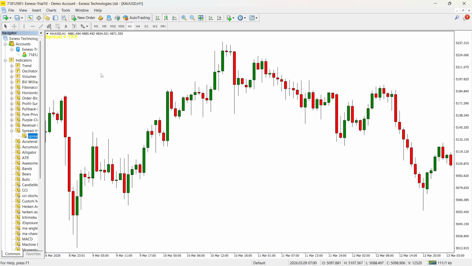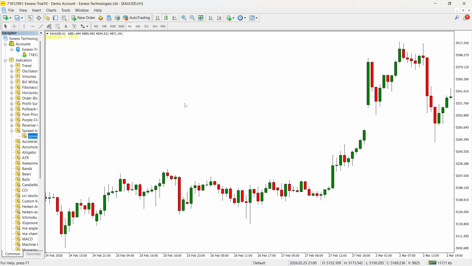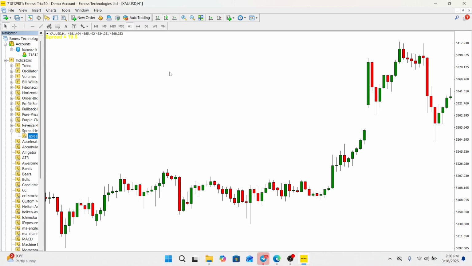The Q spread indicator typically appears as a small panel or text display on the chart, showing the spread value in pips or points. The display updates as bid and ask prices change, so you see the spread widen or tighten as liquidity and volatility shift.